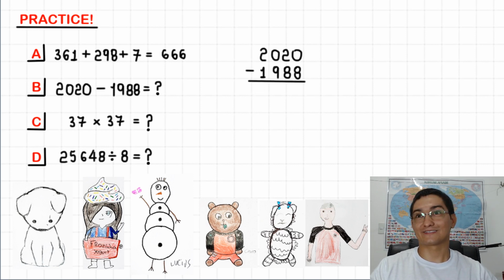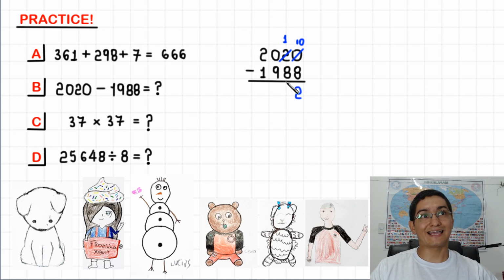We now start. We cannot take 8 out of 0. So we take 1 from here. Here we have 2. Now we have just 1. The 1 we took from here becomes 10 here. Here we had 0. Now we have 10. And 10 minus 8 equals 2. We can say that because 8 plus 2 equals 10.